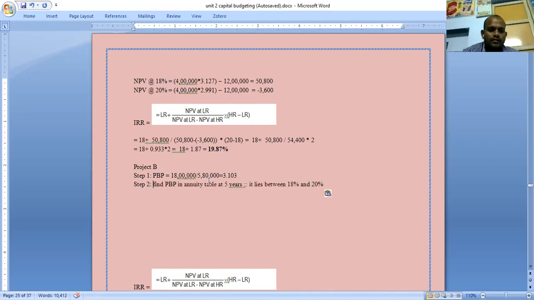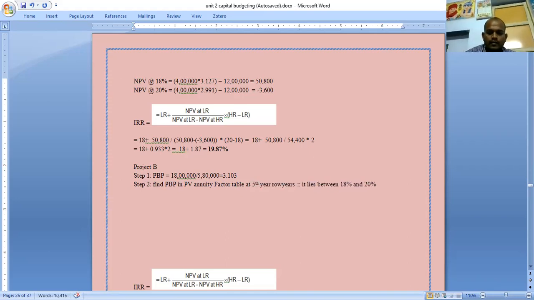In present value of annuity factor table, at 5th year row. So it is also the same. It lies between the same percentages, 18 and 20%.